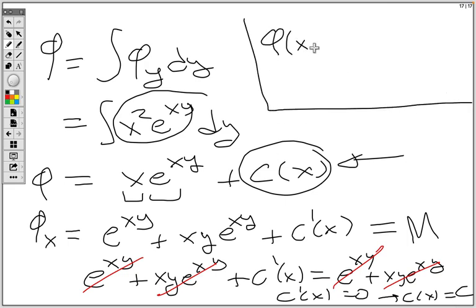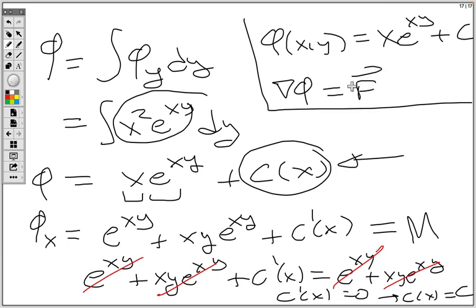And so our potential function phi of xy is x e to the xy plus a constant. And then the ultimate check for this is you calculate the gradient of phi and show that you get the field f back.